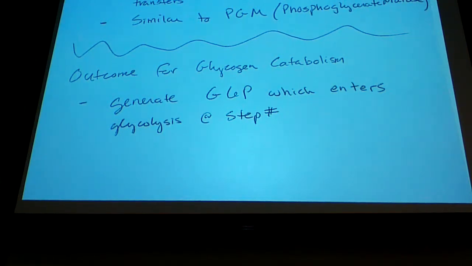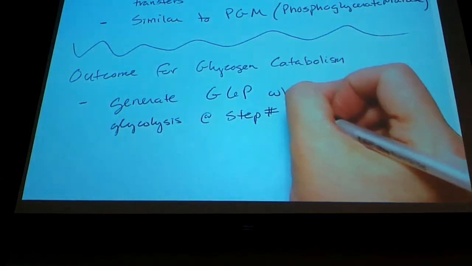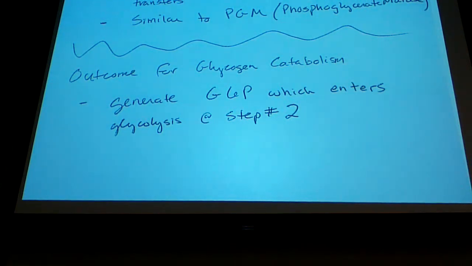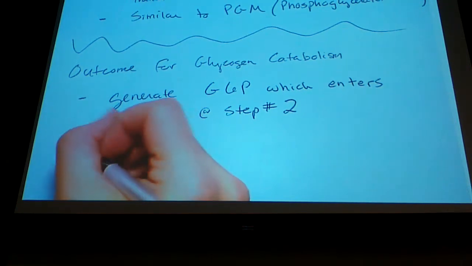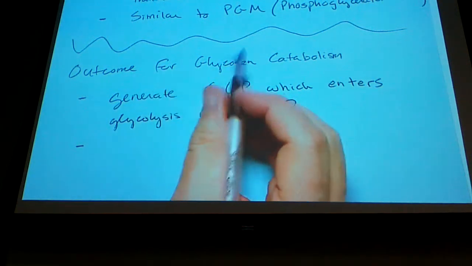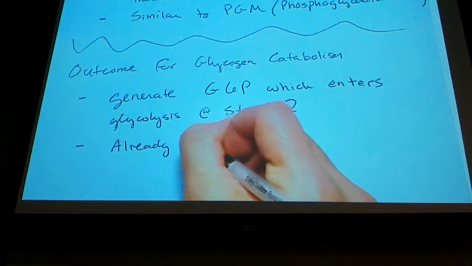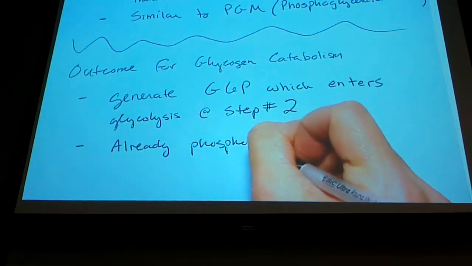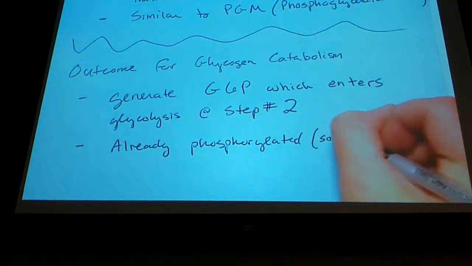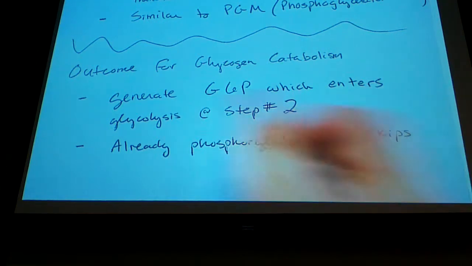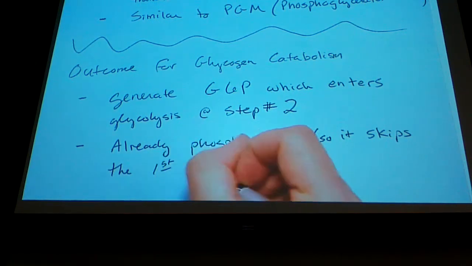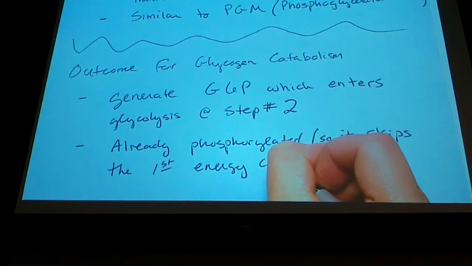So in glycolysis, the first thing I do is make a glucose 6-phosphate, and so you're going to enter at step 2, where you're going to convert it to the fructose. It's already phosphorylated. So it skips the first energy consumption step.